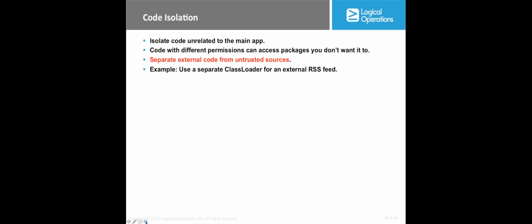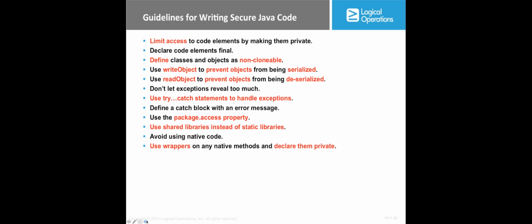You treat it all as untrusted, and you isolate it from your main service or main application. You separate from the untrusted source, and that way you don't have to rely on somebody else's bad action or inaction for your overall security requirements. You make it their requirement rather than yours.